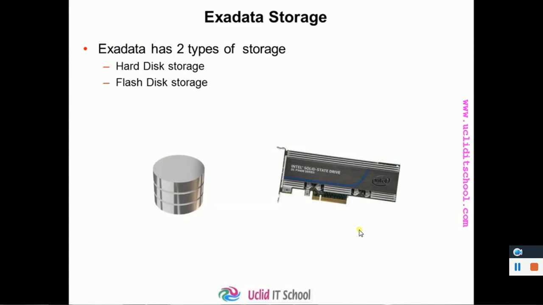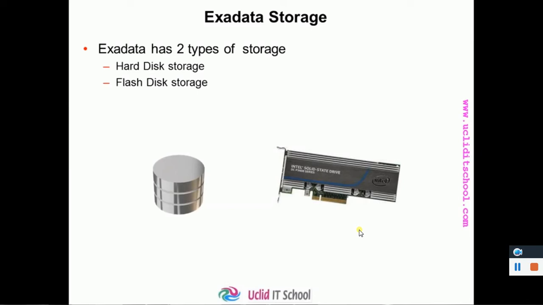In version 1, there was no flash storage, but from version 2, way back in 2009 onwards, flash storage is available in Exadata. So Oracle has reached a stage where it is nowadays shipping storage servers entirely with flash storage.